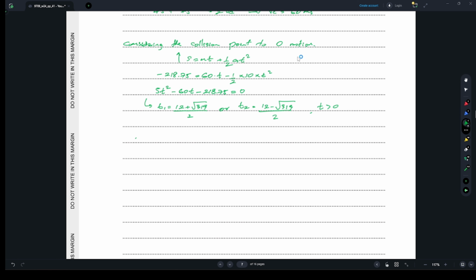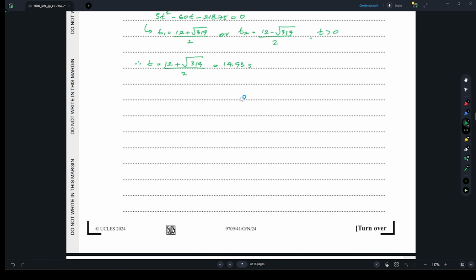So if you simplify t2, then you will receive a negative answer. Therefore, time is 12 plus root 319 over 2, which is 14.93 seconds.